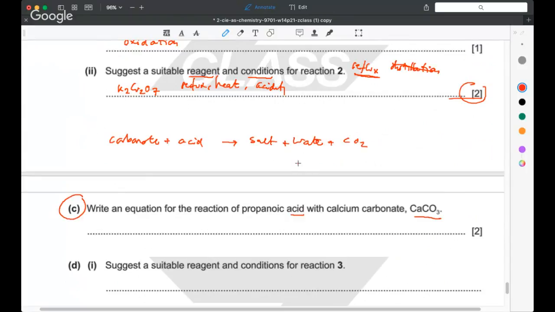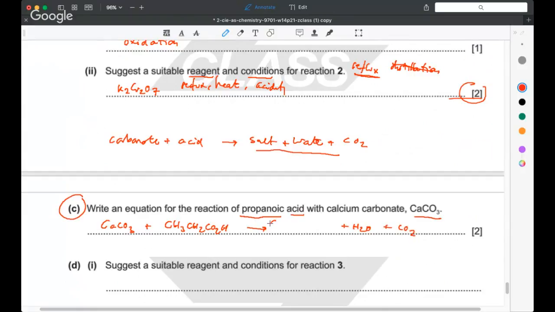Now, that's classic GCSE chemistry, and it's no different here, except instead of taking a GCSE familiar acid like hydrochloric acid, you're working with a different acid, propanoic acid, but the principle is the same. And so you've got your calcium carbonate, and you're going to react it with propanoic acid, and you're going to make a salt plus water plus carbon dioxide.